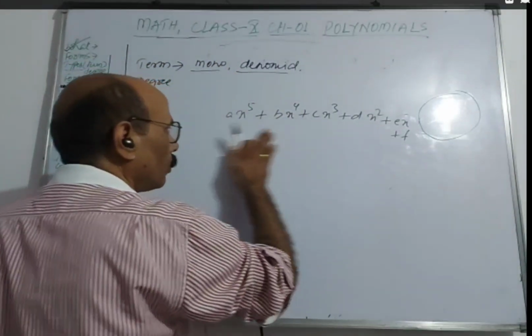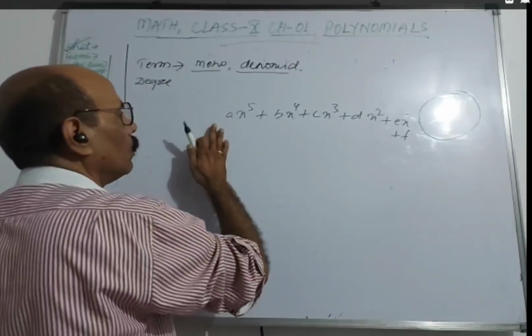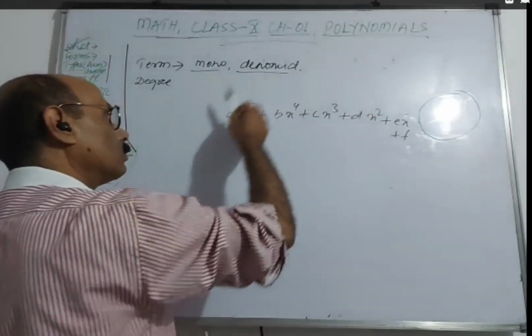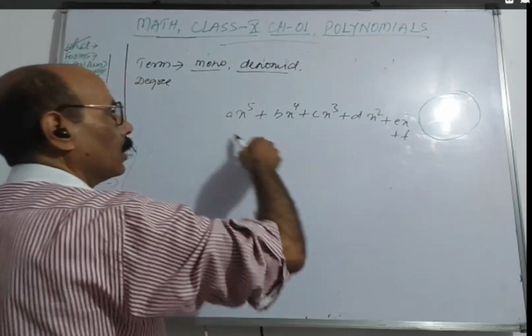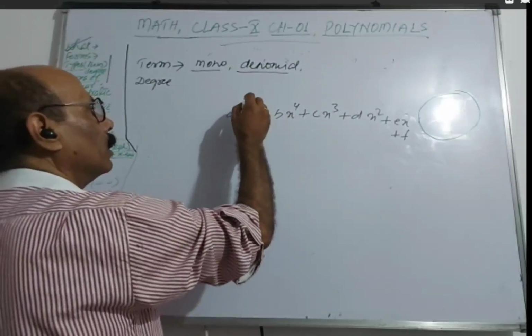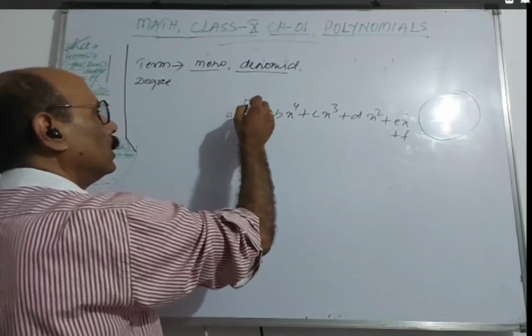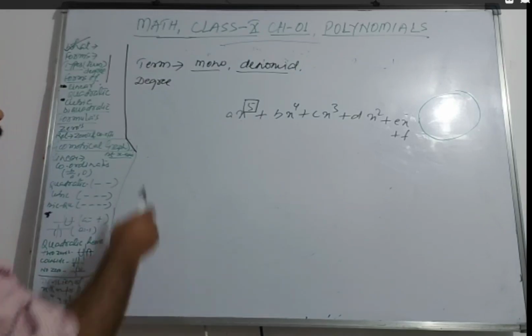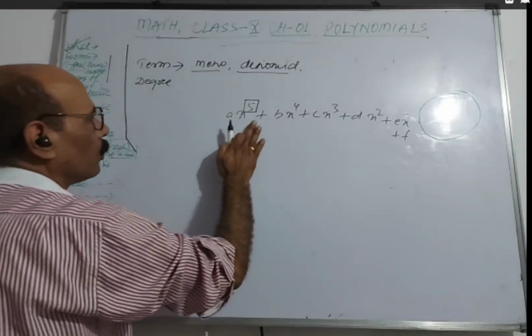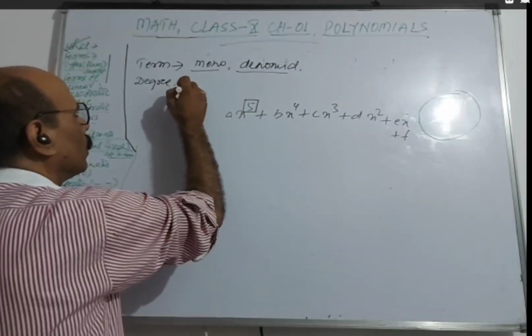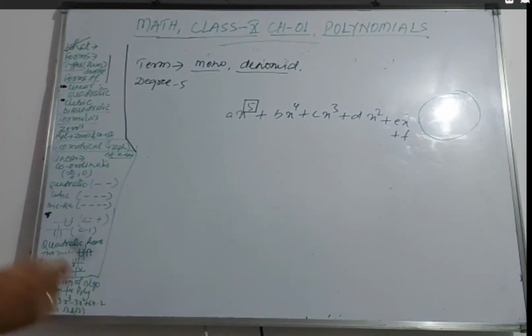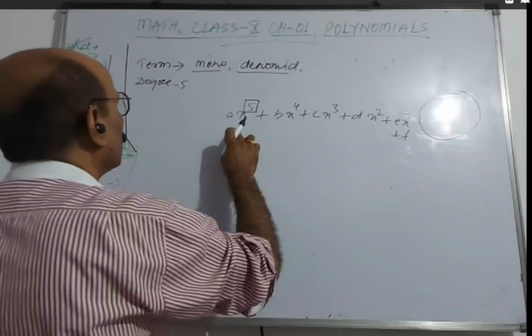The degree of polynomial we consider is the highest power in this polynomial, the highest degree of the variable. Generally it is written at the start. If asked the degree of the polynomial, this polynomial has degree 5. On the basis of degree, how many types of polynomial?